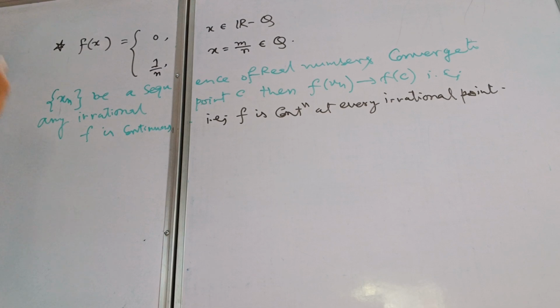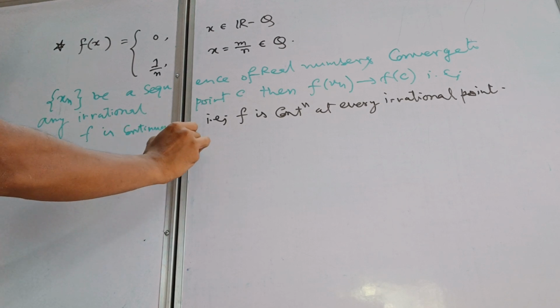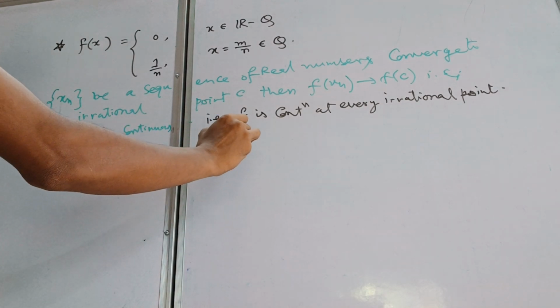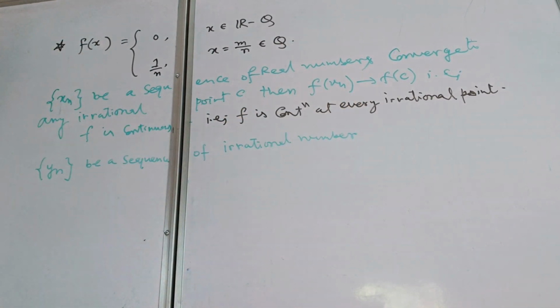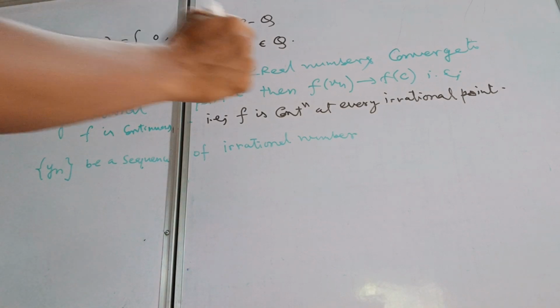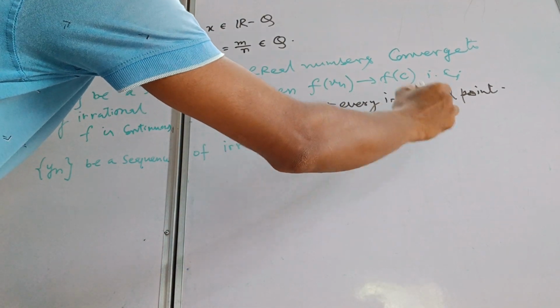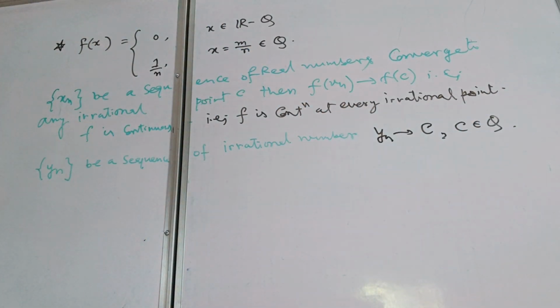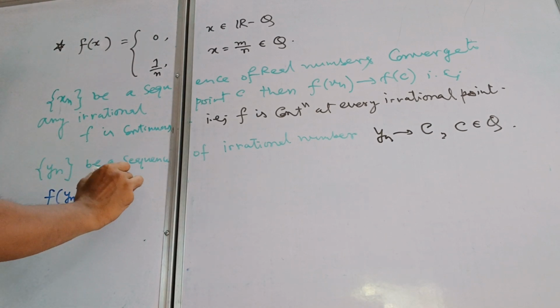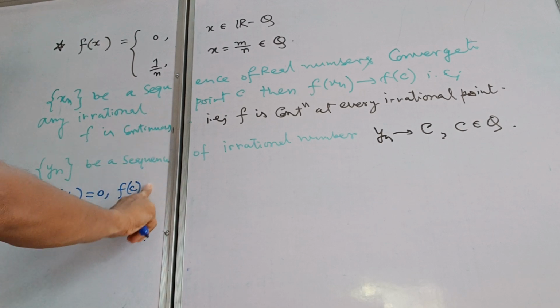Now we go with the same procedure. We take yn to be a sequence of irrational numbers, and obviously yn converges to the same c, and c belongs to Q. Then f of yn equal to 0 and f of c greater than 0.